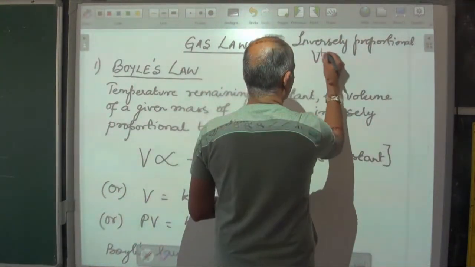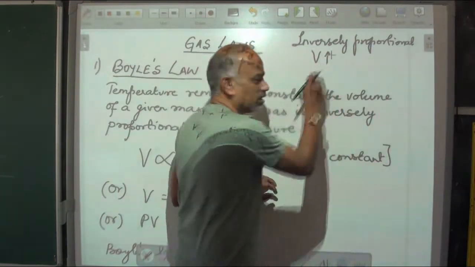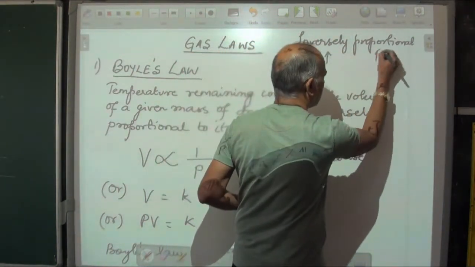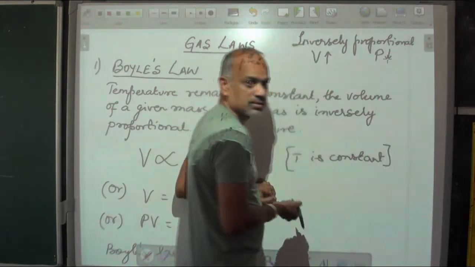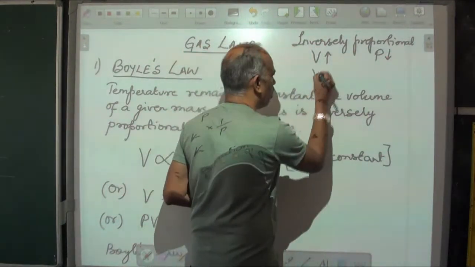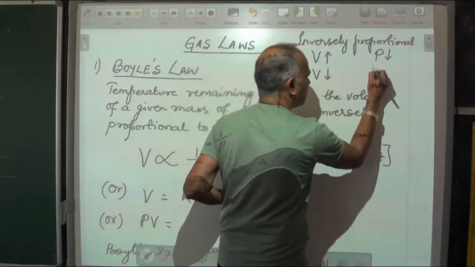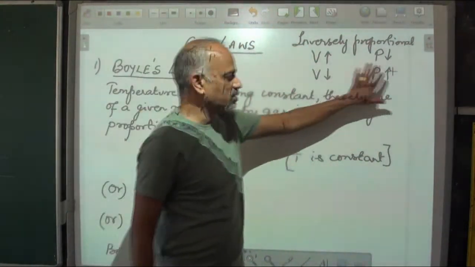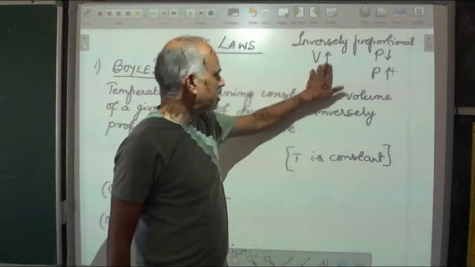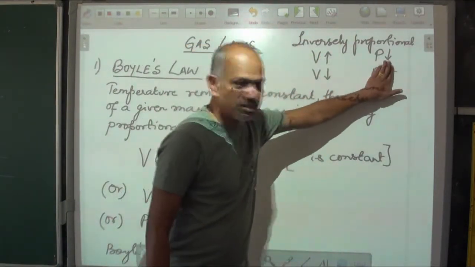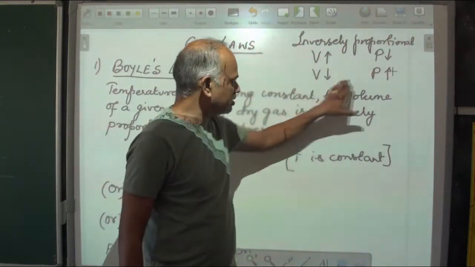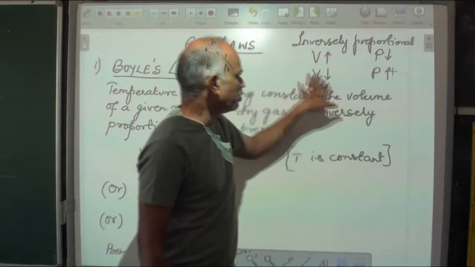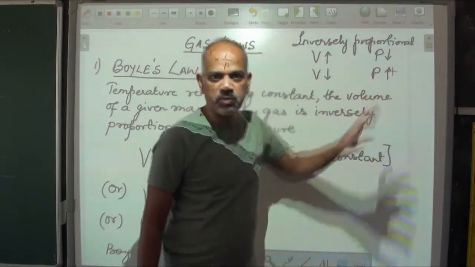If volume increases, the arrow I put upwards means it is increasing, then pressure will decrease. And if volume decreases, pressure will increase. It's the opposite. If one increases, the other one decreases. If one decreases, the other one increases. This sort of a proportion is called inversely proportional.